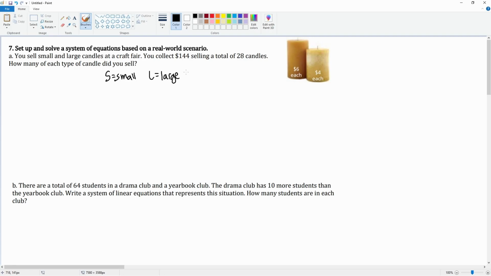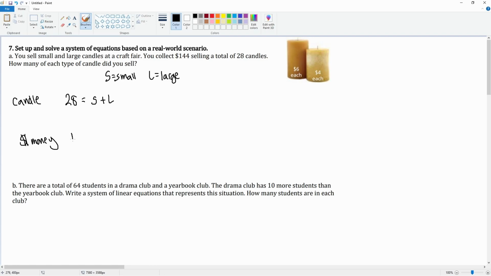Okay, and here there are two equations. Here is the candle equation, and the other one is the dollar equation, or the money equation. The total candles that we sold were 28, so 28 equals small plus large.